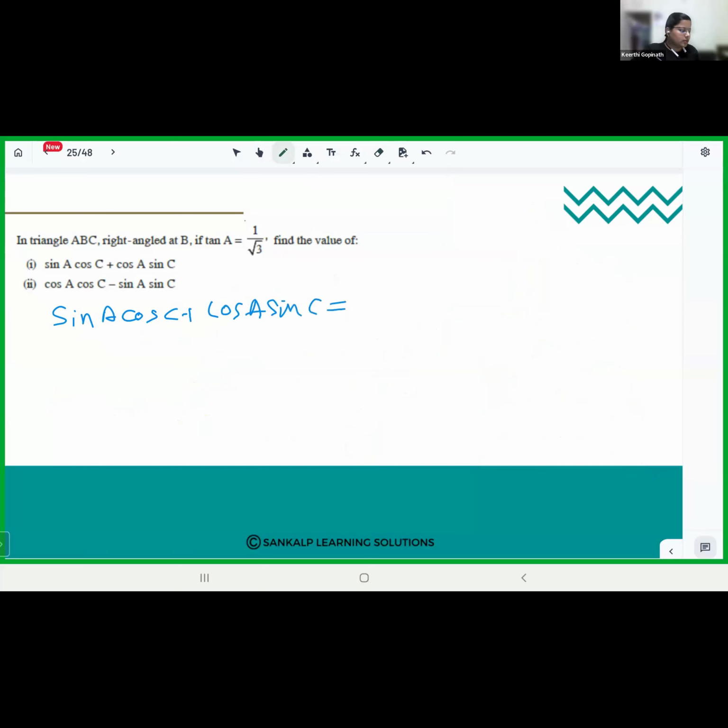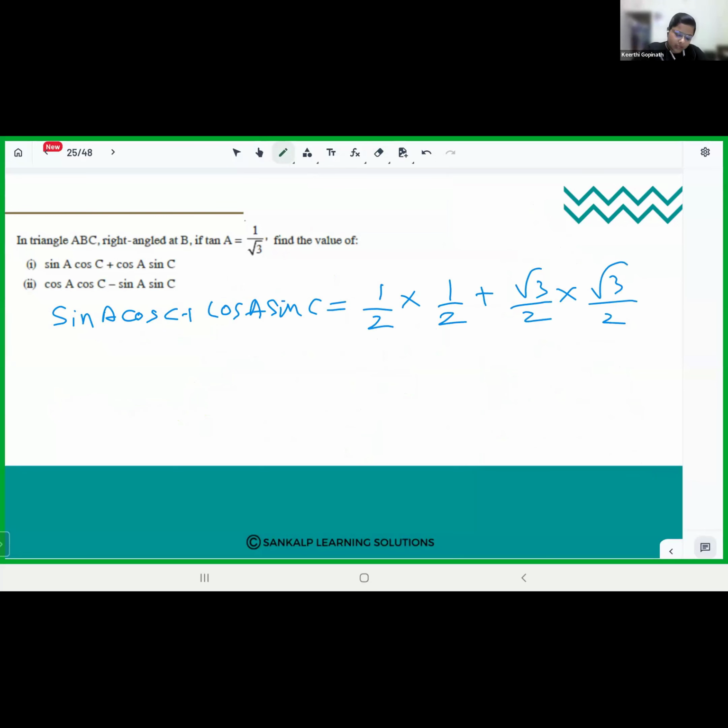Alright, what was the value of sin A? Sin A was 1 by 2 and cos C was again 1 by 2, plus cos A was root 3 by 2. Then we need sin C, right? Sin C is root 3 by 2.